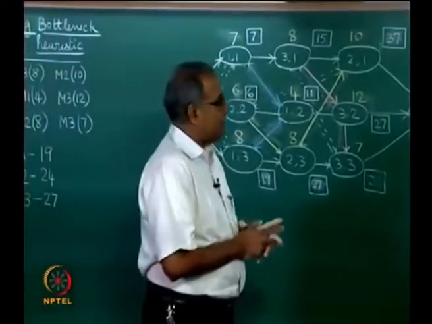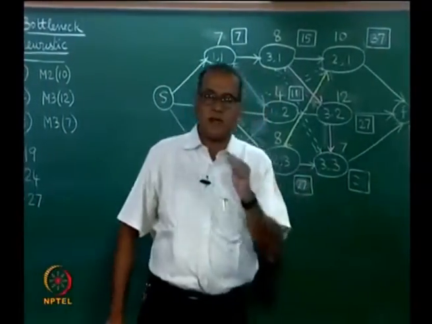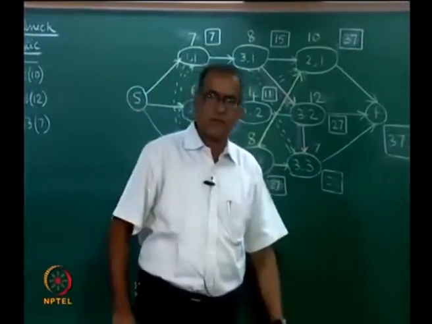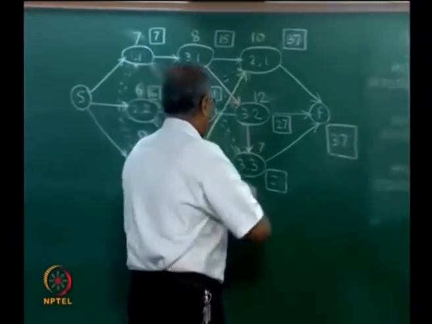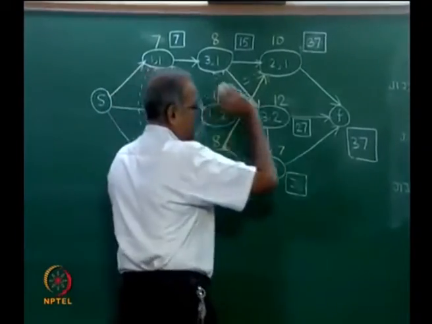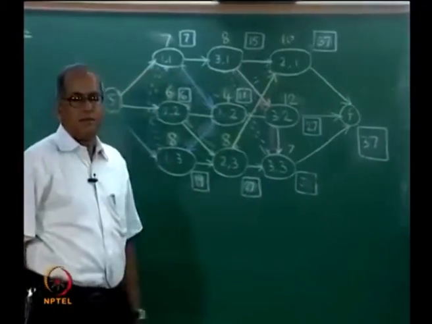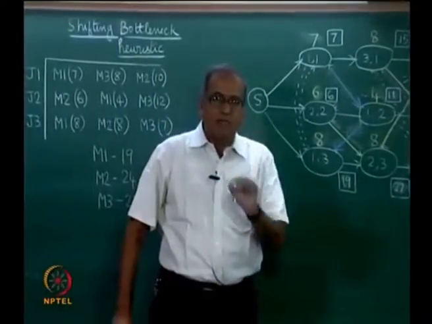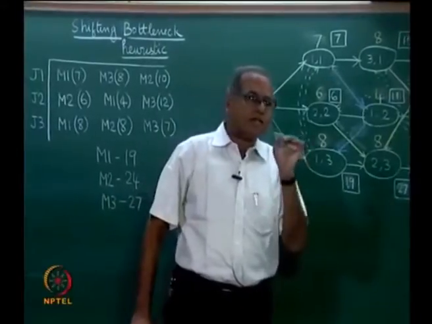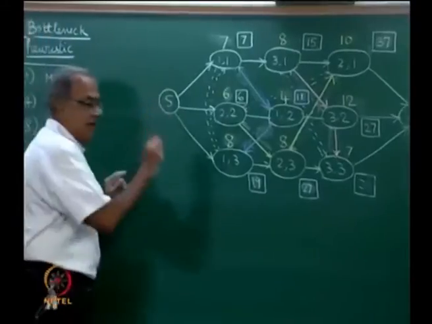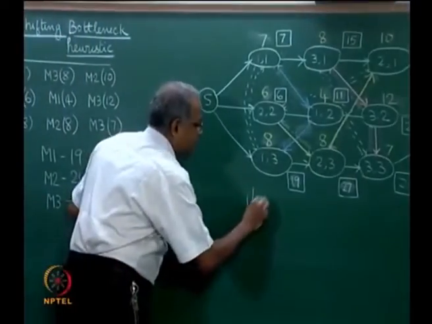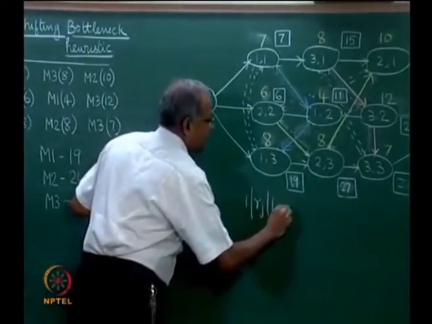The answer is the shifting bottleneck heuristic does not guarantee optimality. What it tries to do is, either when we look at it through this network or through the Gantt chart, it takes one machine at a time and tries to find an optimum sequence, not for the make span problem, but for the 1 | rj | Lmax problem.